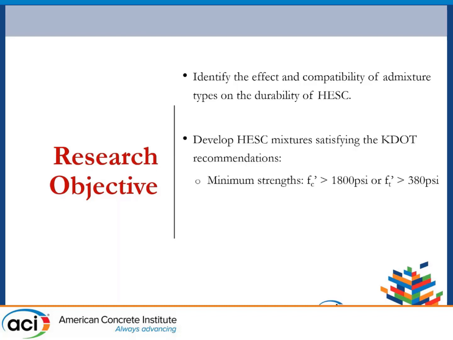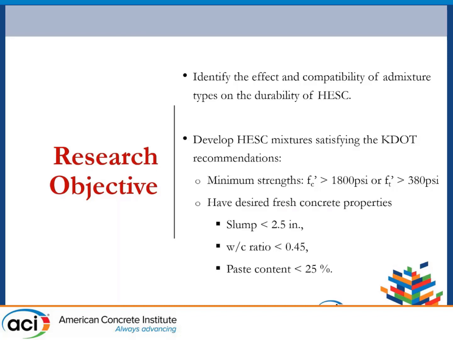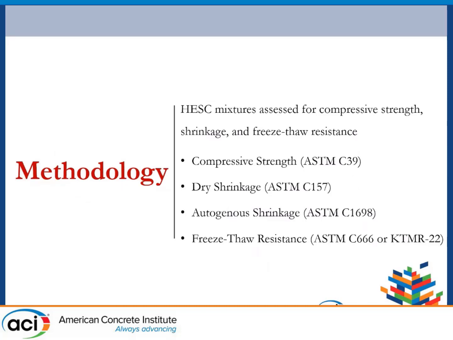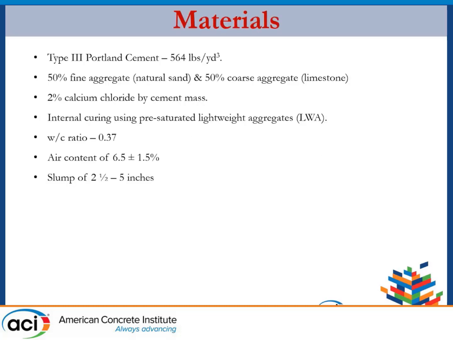The HESC mixtures were developed in accordance with the KDOT specification, which required a minimum compressive strength of 1800 psi or a tensile strength of at least 380 psi. They had fresh concrete properties which were also recommended by KDOT. The HESC mixtures were tested for compressive strength, drying and autogenous shrinkage, and freeze-thaw resistance.